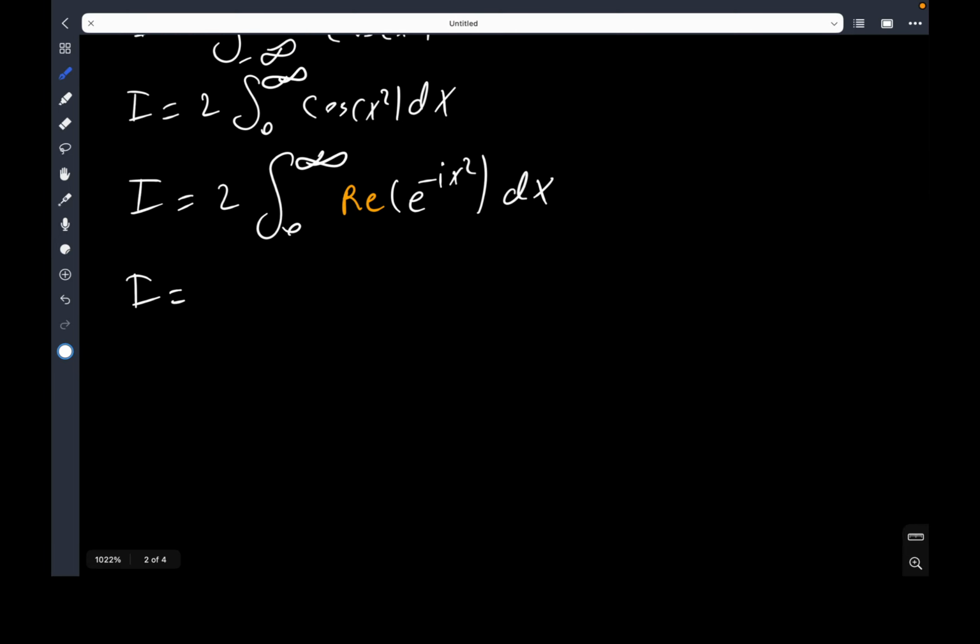And thus I can write it as 2 times the real part of the integral from 0 to infinity of e to the negative ix squared dx.